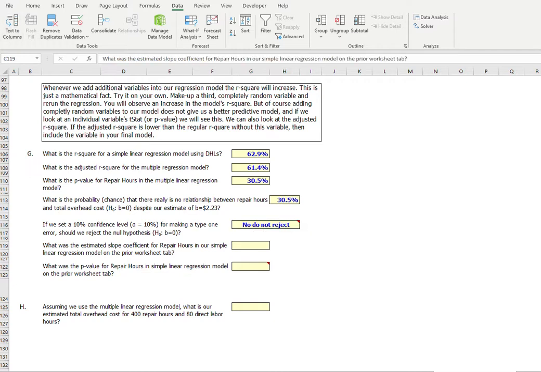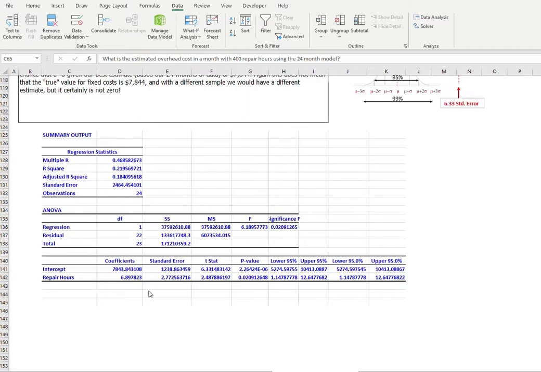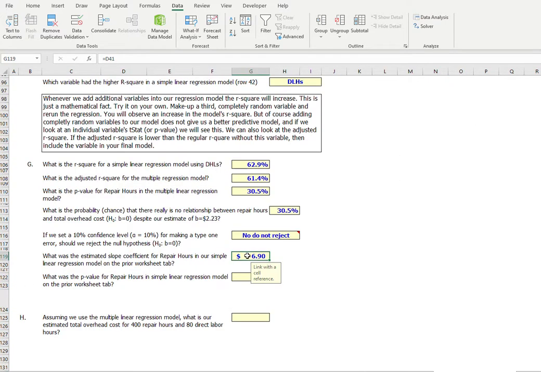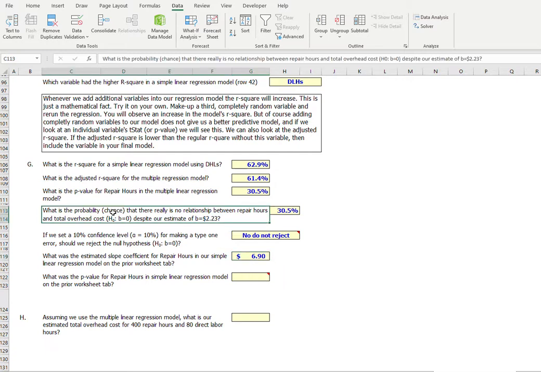Let's make one more observation. What was our estimated slope coefficient for repair hours in our simple linear regression model based on the prior worksheet tab? Or we could have picked the value up from above, but it was 6.897. So let's link to that, or the value up top on the current worksheet tab. And we can see that this 6.9 estimate for our slope coefficient is very different than the 2.23 in our multiple linear regression model.